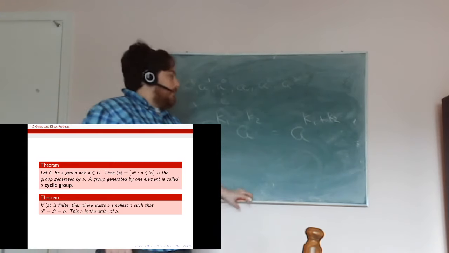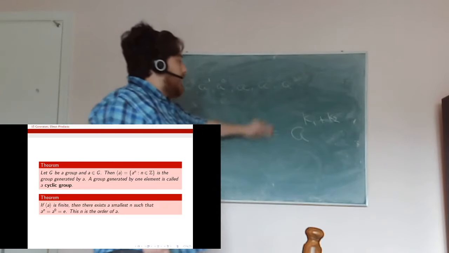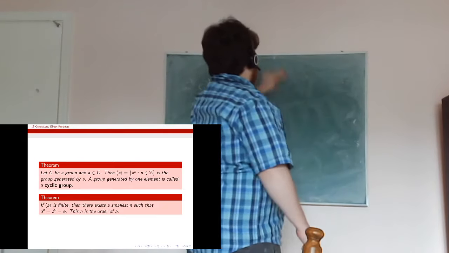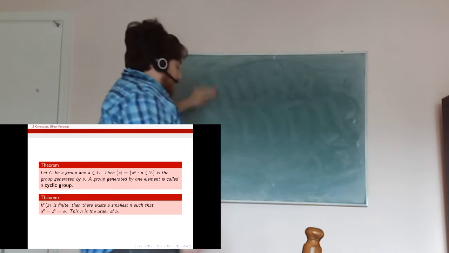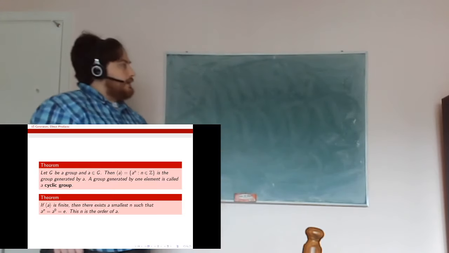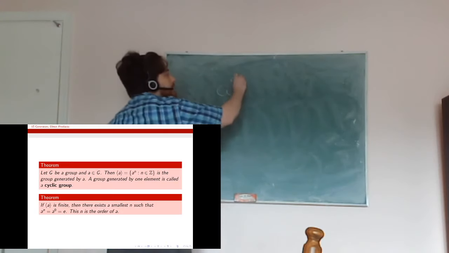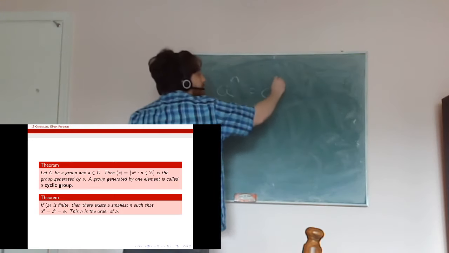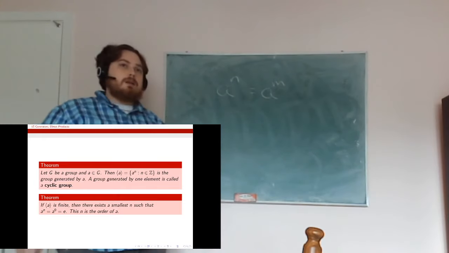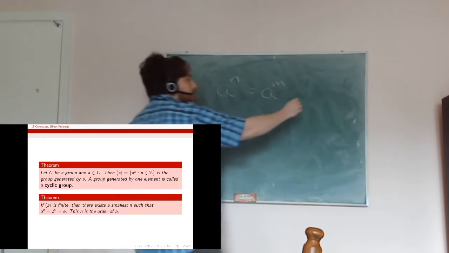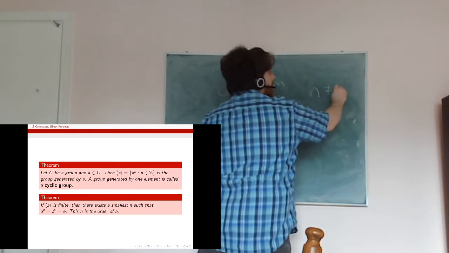What can happen, though, is that this is finite, and that is that we get some repetition. And so let's say a to the n is equal to a to the m, with n not equal to m.